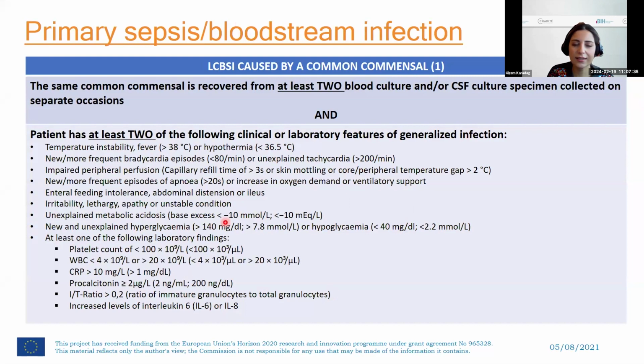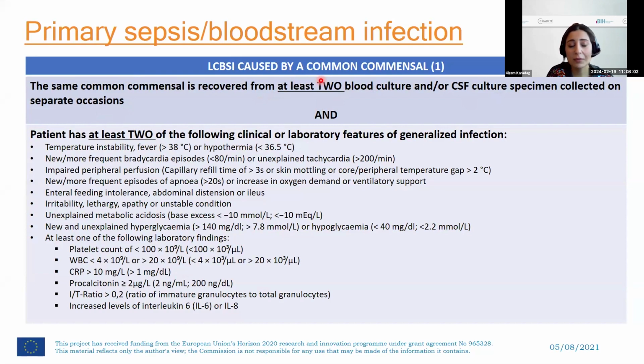The first one is the most classic definition of common commensal sepsis, in which we need at least 2 blood cultures or cerebrospinal fluid cultures collected on separate occasions with the same common commensal isolated. That works very well with adult patients, but as you might know, it's sometimes very hard to draw blood from very low birth weight infants.